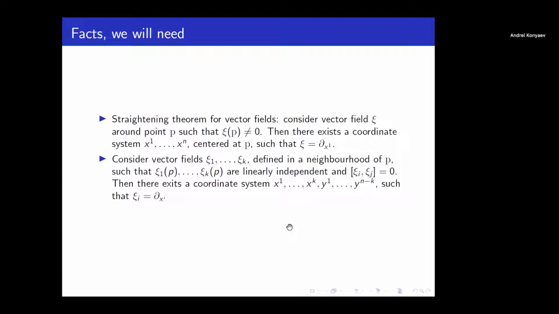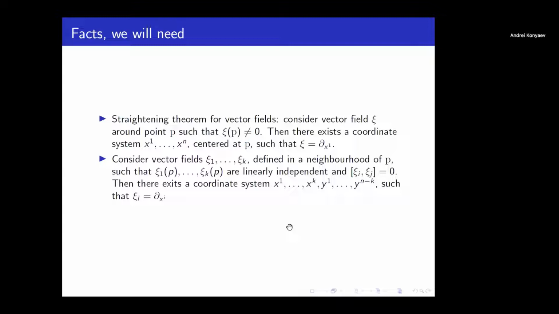This theorem is quite important. It is the foundation of the idea that you need to study in vector fields not the regular points, because they are simple and you cannot distinguish one point from the other in terms of coordinate systems, but you need to study singularities.